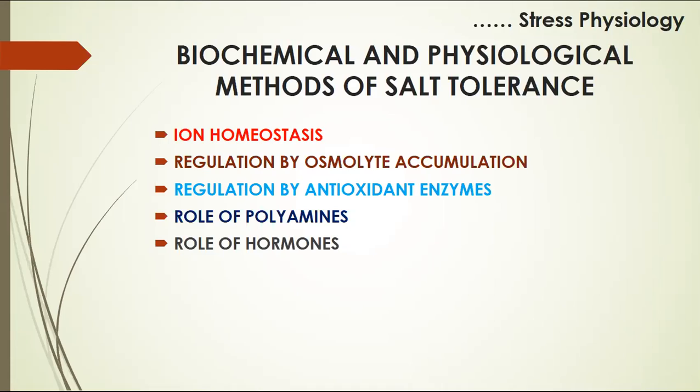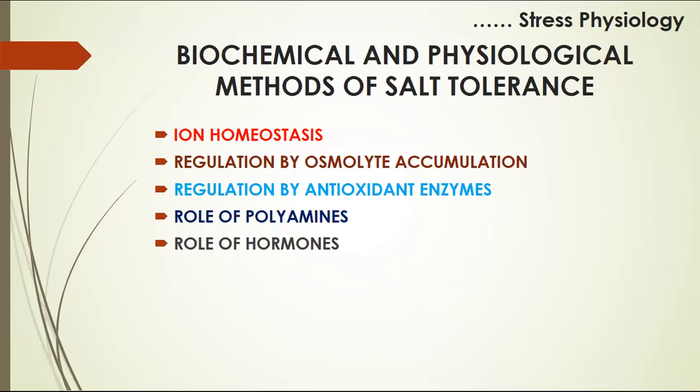But these polyamines are important to discuss in salt tolerance because they also serve as the indicators of severity of salinity stress. In a way, it also can be classified as a compatible solute or osmolyte.